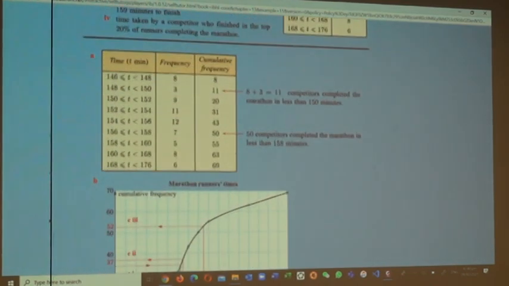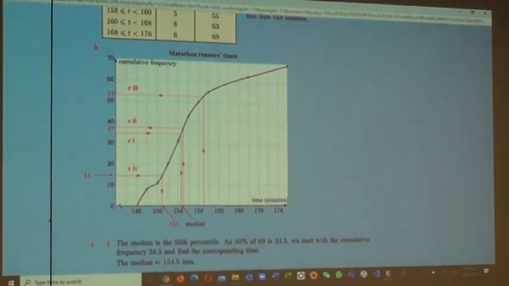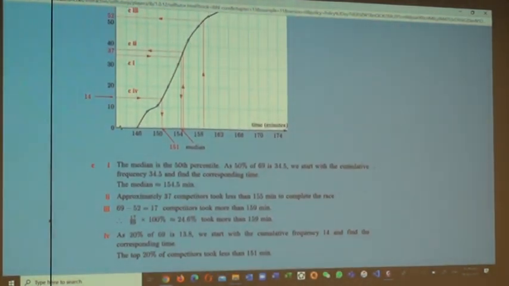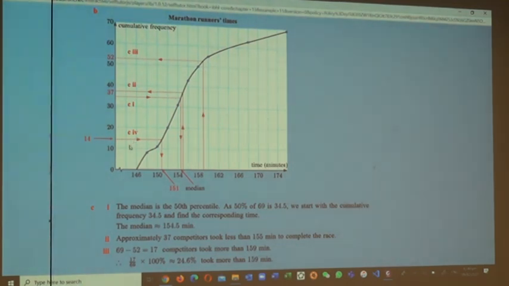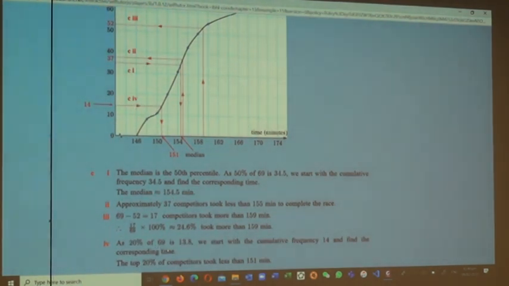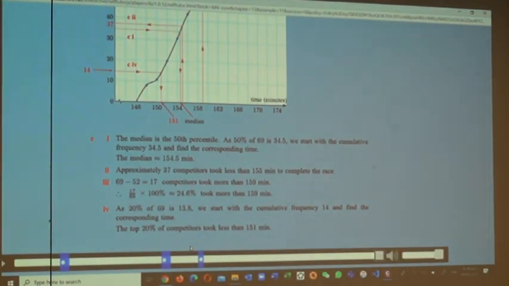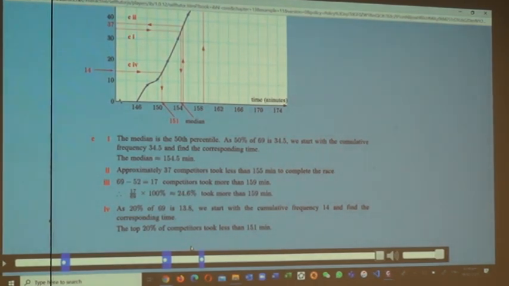Aha. So the top 20%, 69 is that. Start cumulative frequency from 14. You can actually do 20% of 70 itself, because it's an estimate, because everybody is 70, isn't it?